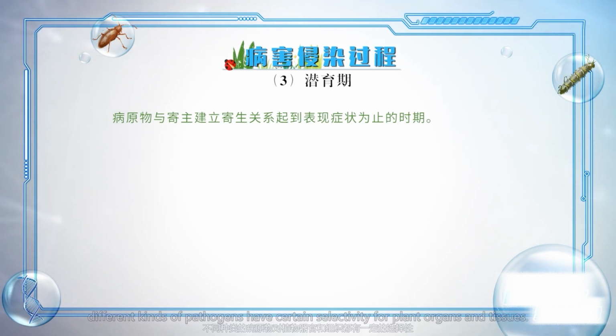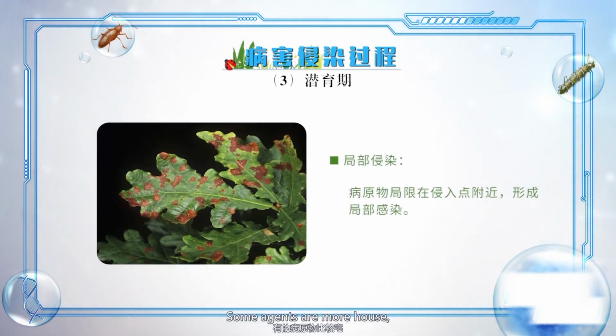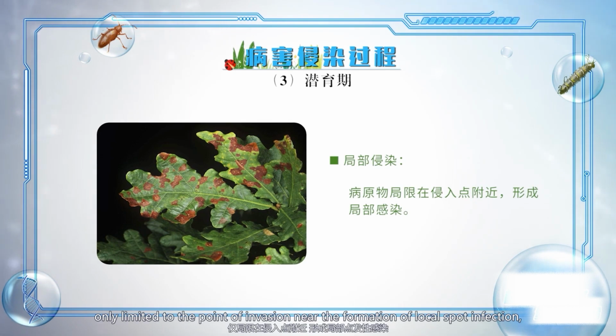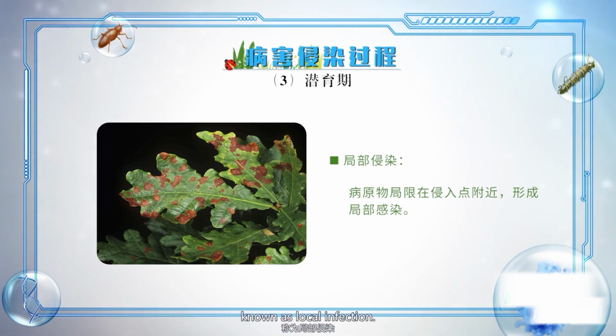Of course, different kinds of pathogens have certain selectivity for plant organs and tissues. Some pathogens do not want to spread too far, only limited to the point of invasion, forming a local spot infection, known as local infection.